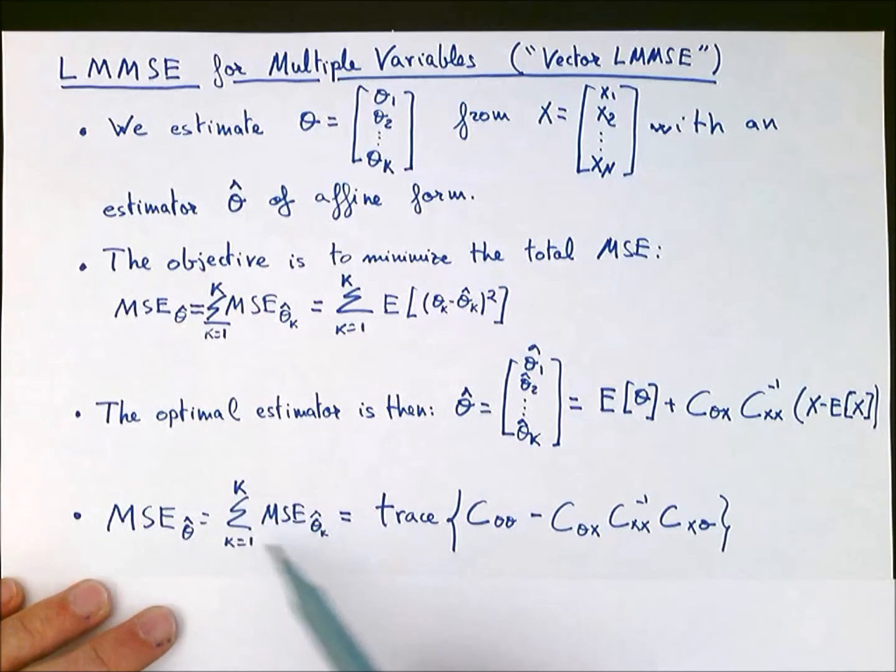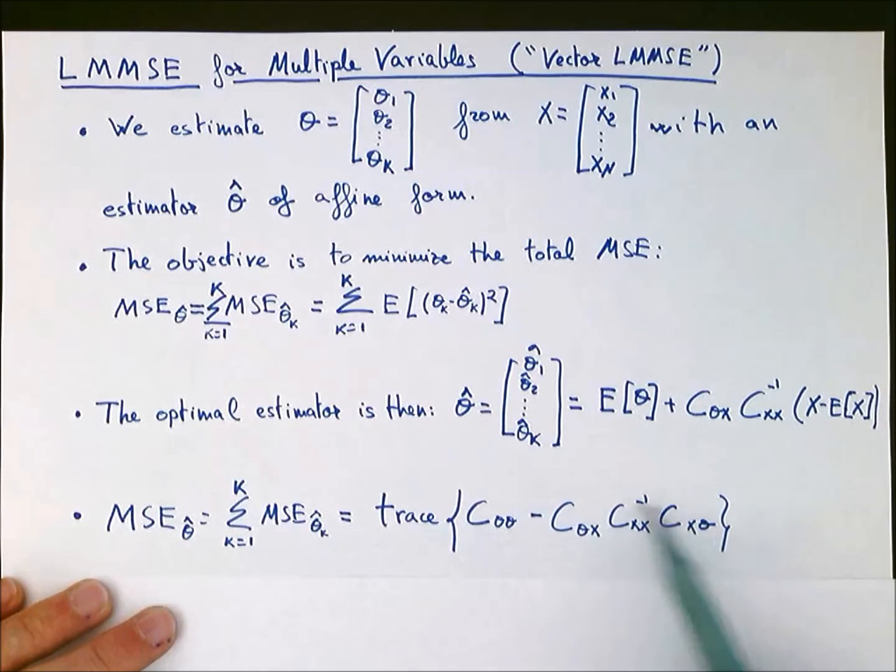If we take the expression we had before for the individual MSEs of the scalar LMMSE case, we can write it in a compact form as the trace of a matrix that depends on the covariance matrix of the vector of unknown variables, from which we subtract this term on the right hand side, which depends on the covariance of the data vector and the covariance matrix between the vector of unknown parameters and our data vector. With this, we conclude the explanation of the LMMSE estimator.